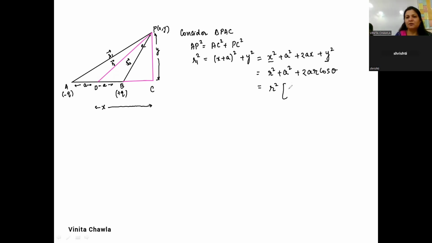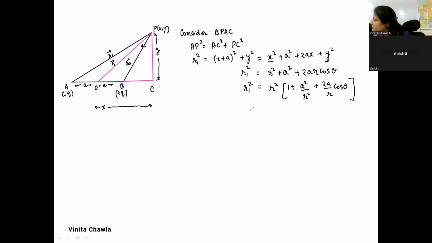In the bracket, we will write 1 plus a square by r square plus 2a by r cos theta. Yes, this is my R1 square. It is plus, so plus will come. Any doubt? Okay, so that is done.